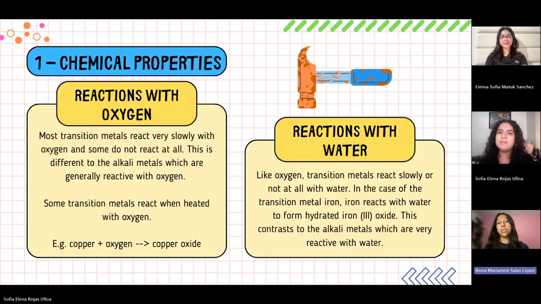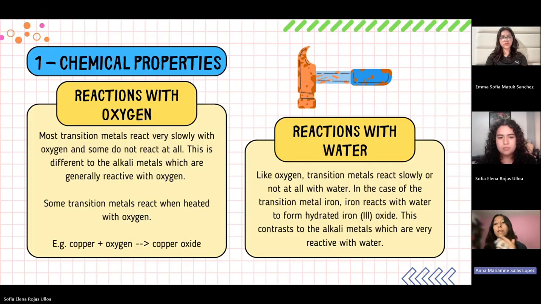Okay, so one of the chemical properties is that these transition metals can react with oxygen and can react with water. With oxygen, they react and form oxides of the metals.